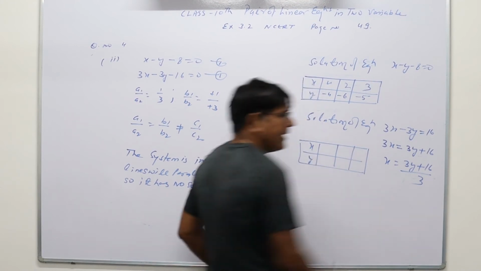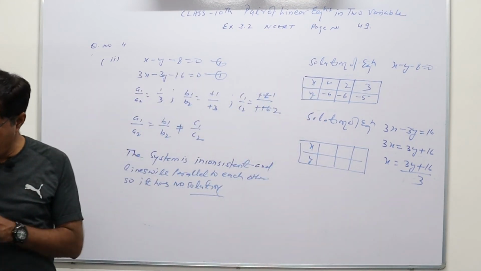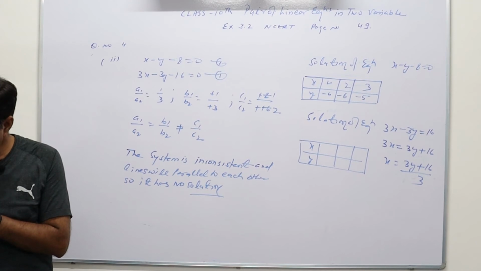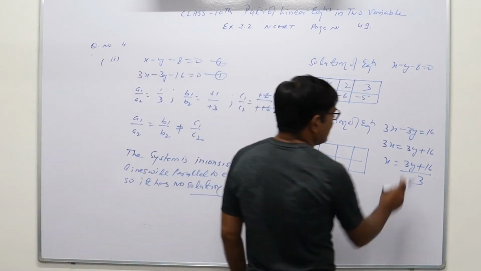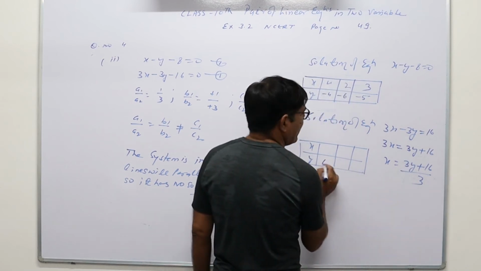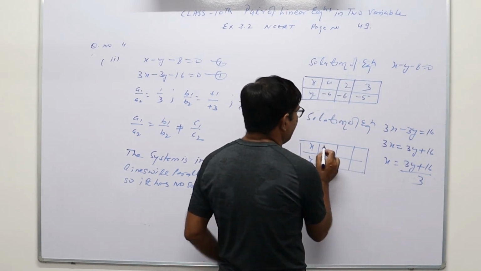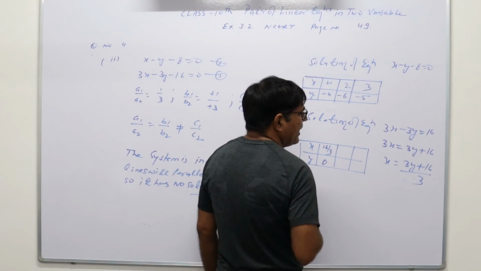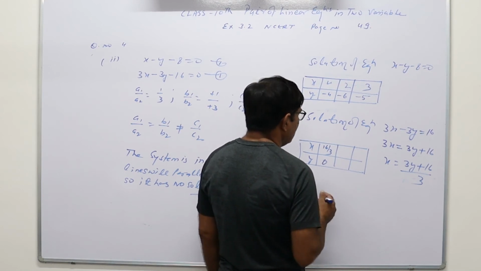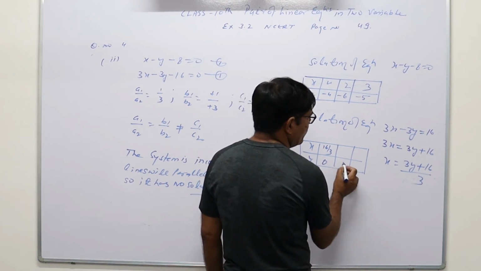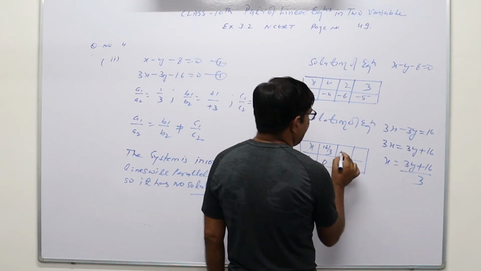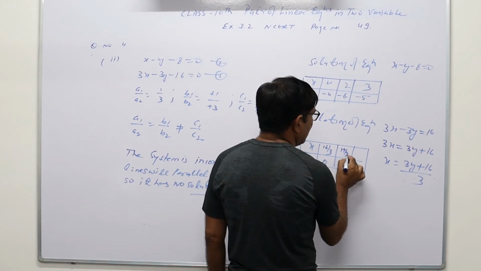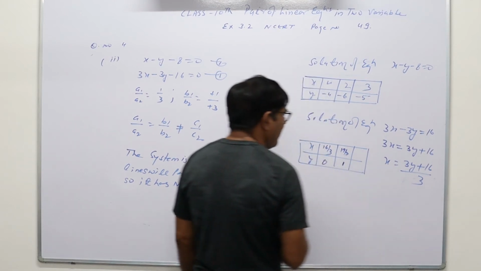Now you have to take at least 3 solutions. If we put y is equal to, let us suppose, 0, then x will be 16 by 3. And if we put y is equal to 1, then this will be 3 plus 16, 19 by 3, because this will be in rational form.